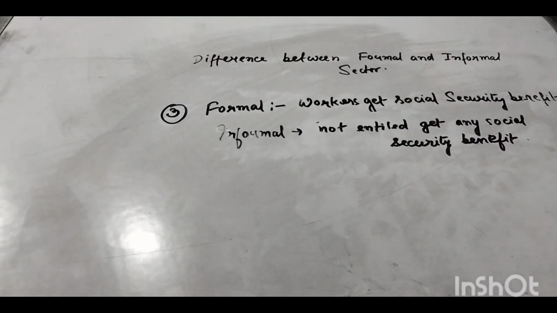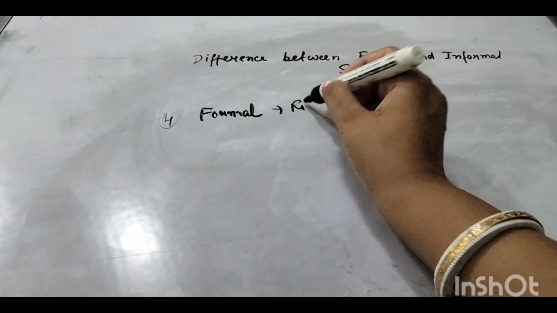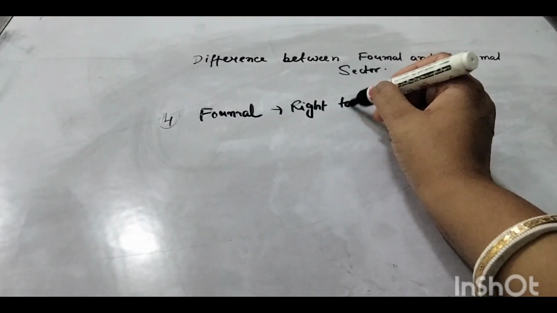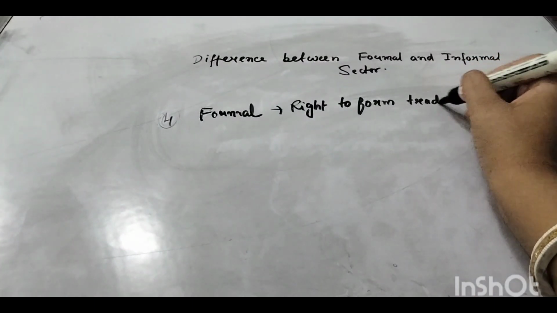Now the fourth one: in the case of the formal sector, they have the right to form trade unions.